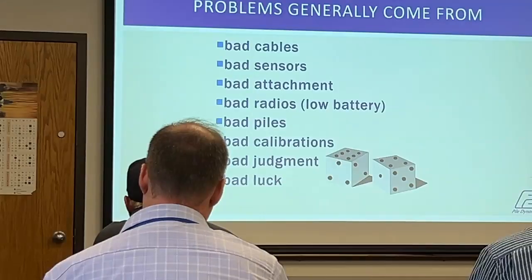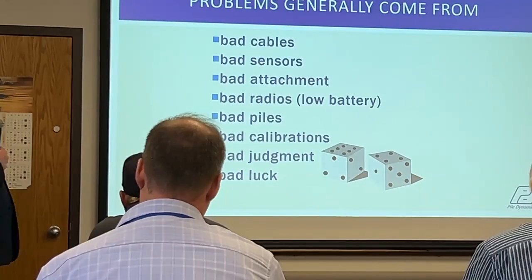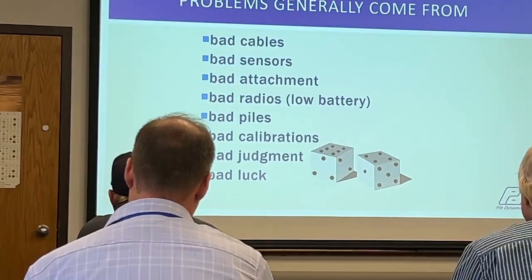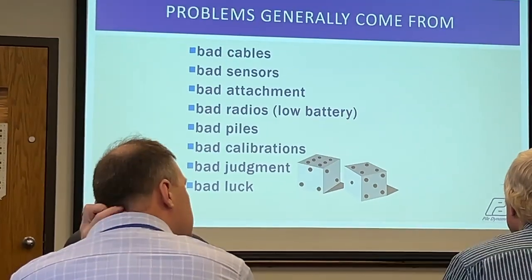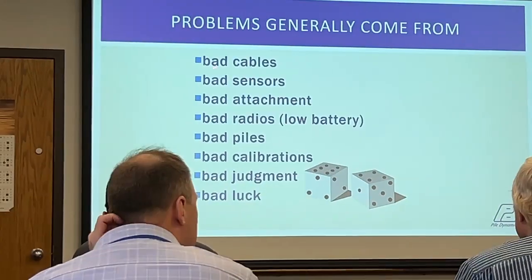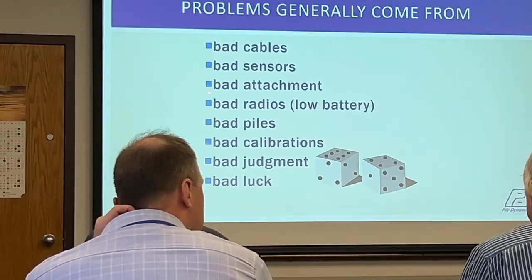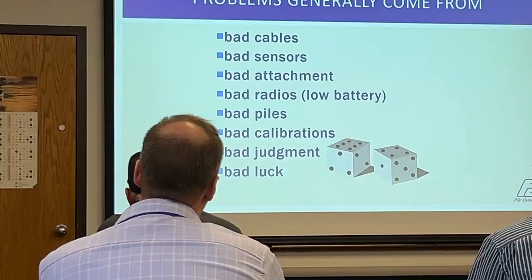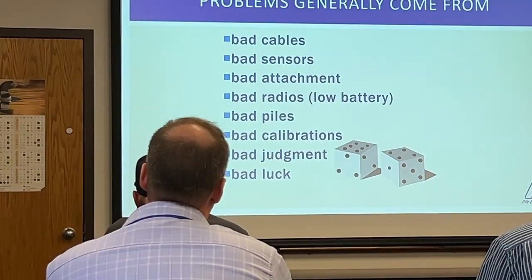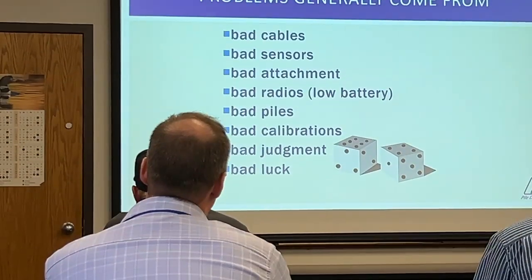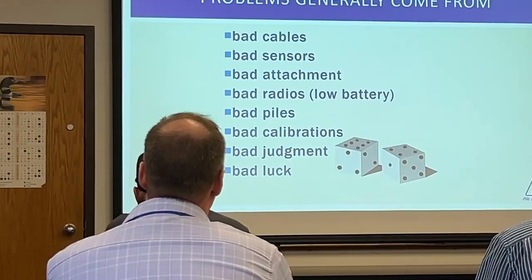So let's think about problems. One of the problems we just looked at was a velocity sensor that's kind of on an angle. Generally speaking, our problems come from bad cables and bad attachments, occasionally from bad piles, and sometimes just bad luck, in that no matter what you do, you can't avoid what's going on there.